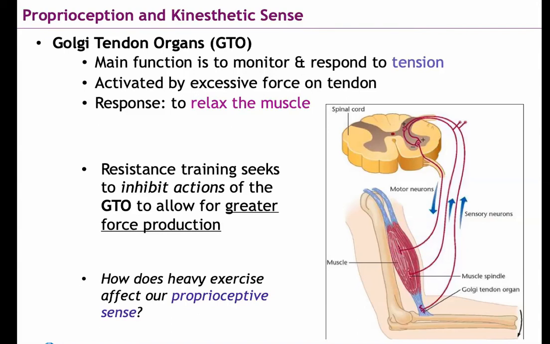Normally I would turn this question to the class and say, how does heavy exercise affect proprioceptive sense? First, let me go back to this bullet point, resistance training. Let's say we have a heavy barbell on our back and we're doing a back squat.